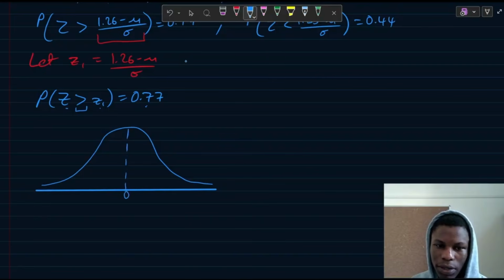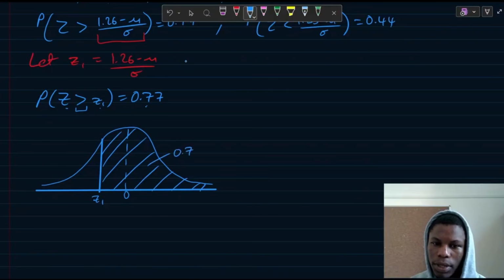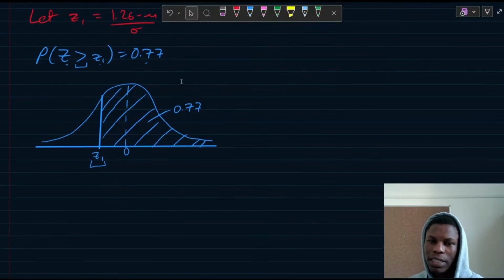So if I have 0 here, the area to the right of Z1 has to be 77%. So that means Z1 has to be somewhere here for that to be possible, so that the area here is 0.77. And I hope you can see that from this diagram, Z1 therefore has to be negative, right? Because it's to the left of 0.